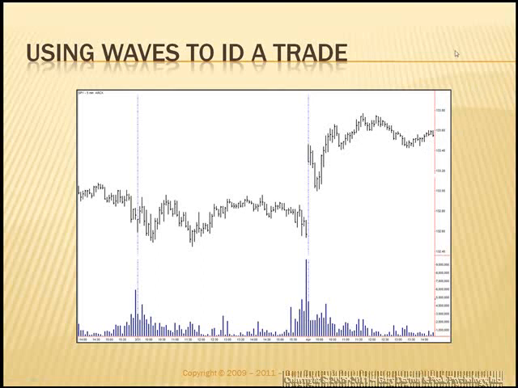What do we see here? What do you all see? Well, first of all, we're at a point where we want to make a trade. Do we want to make a trade to the long side or the short side? Let's get everybody's opinion before we start here. Are we going to go long or are we going to go short?